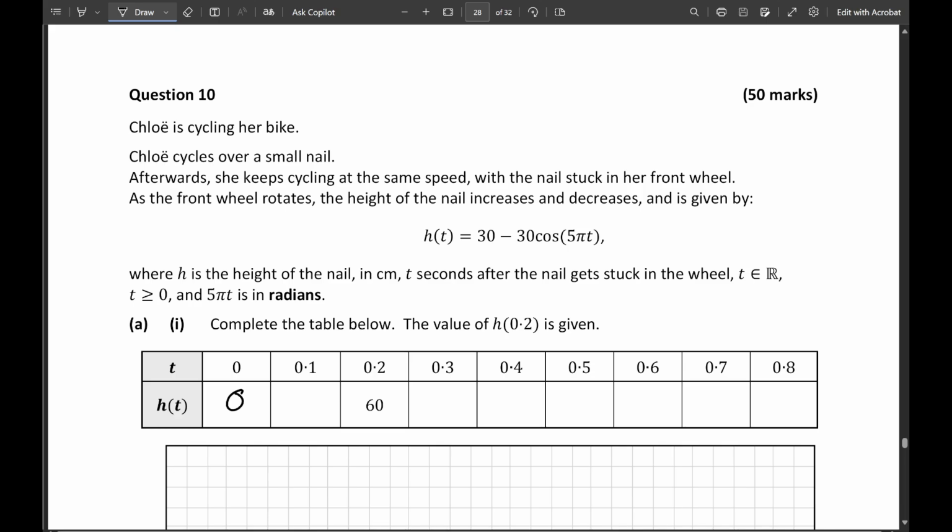So it'll be 0, 30, then 60, so then it becomes 30 again. Then, well, what period is it going to have? Well, it's going to have a period of 2 pi over 5 pi, so that's 0.4. I thought I was going to cheat the system by exploiting the period, but nope. I'll have to type these in manually. Or maybe I am right, and I'm just missing a bit of maths here.